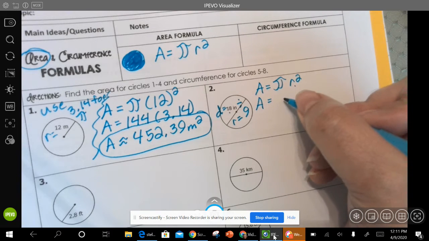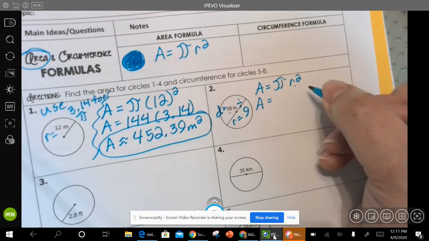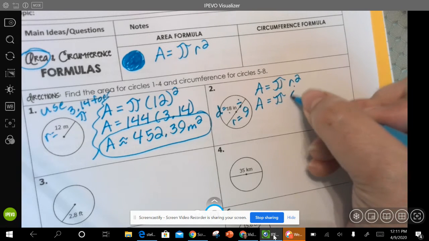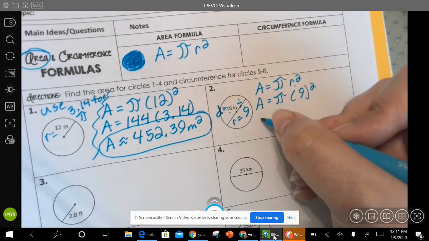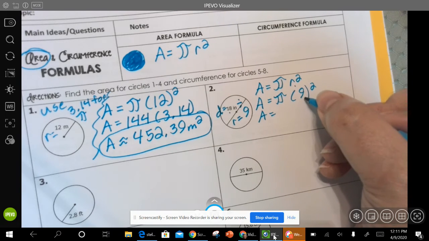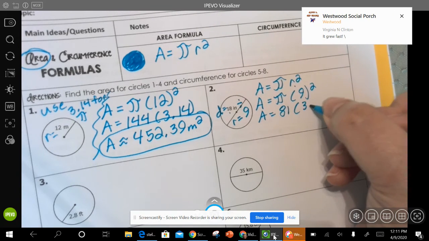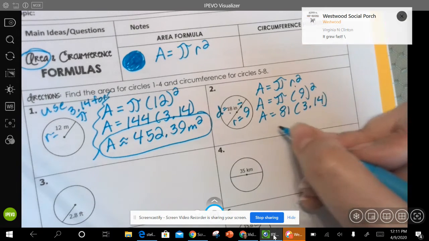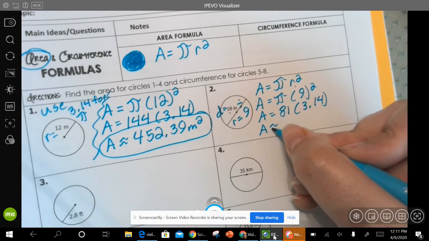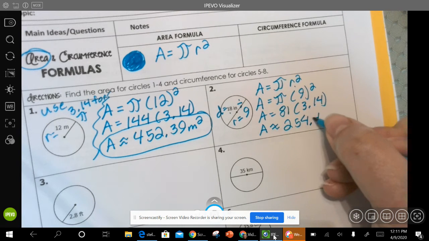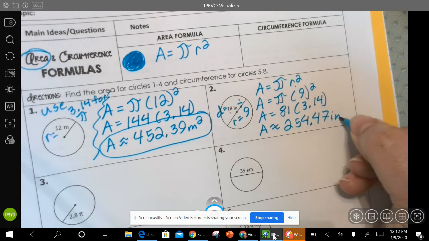I'm going to substitute it in. 9 squared, or 9 times 9, is 81, times 3.14. So the area is approximately 254.47 inches squared.